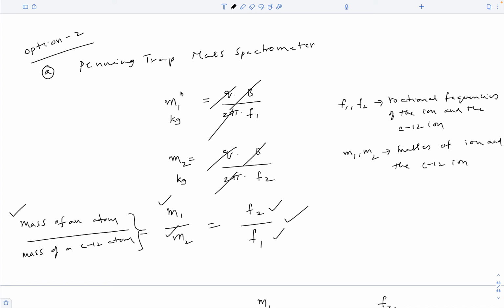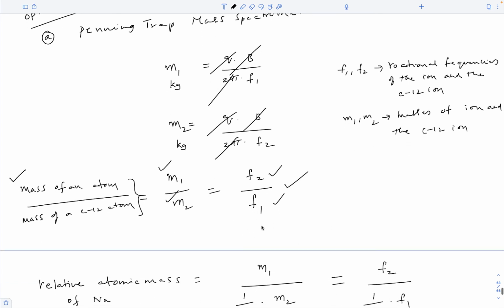But I am passing both the ions through the same magnetic field, maybe simultaneously, so that I don't even have to measure the strength of the magnetic field. If I take the ratio between these two, then B's get cancelled. But whatever is left in the equation can be measured with tremendous accuracy.